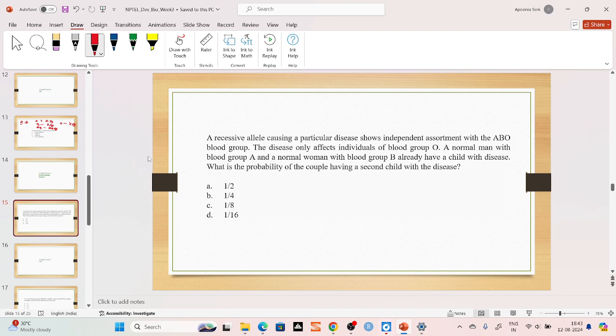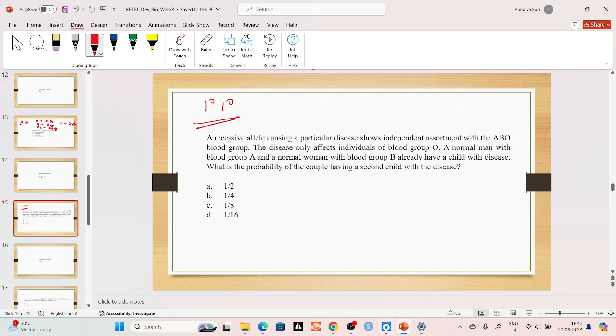So, the disease only affects individuals of blood group O. That means it has to be IOIO, only then the disease can show its phenotype or its effect. So, a normal man with a blood group A and a normal woman with a blood group B already have a child with disease.